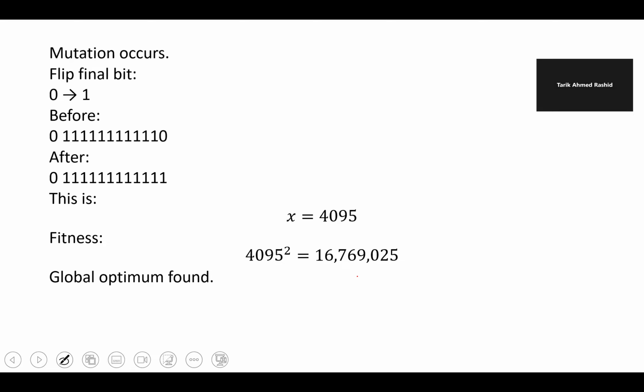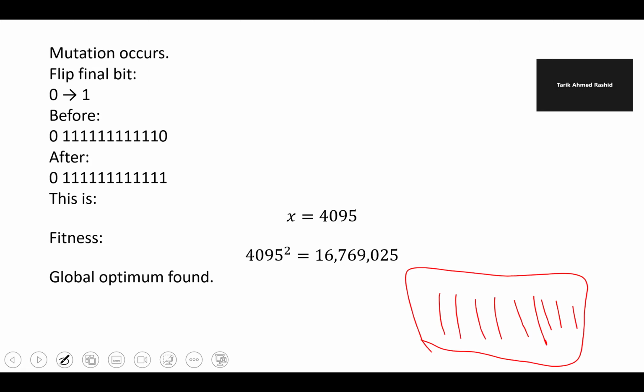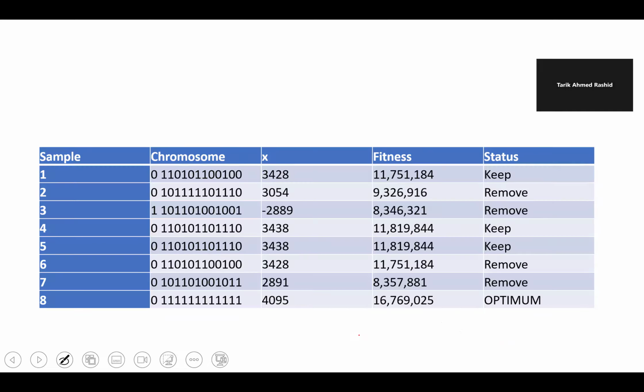So the idea of flipping is that we want to get a solution of 1 1 1 1 1 1 1, all ones in 13 bits. It means that if this is squared, then you get the maximum fitness. And that's the idea. Without mutation, you can't do that. So that is maybe the optimum, 16 million.